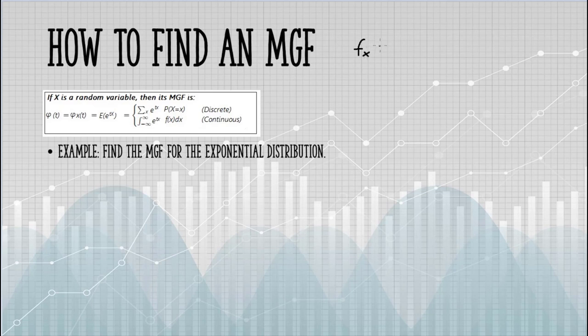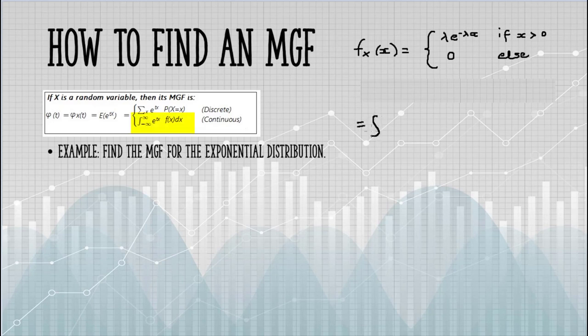Let's take a look at the MGF for the exponential distribution. We begin with the PDF for the exponential distribution. It's defined for values greater than 0, which means we're going to change the limits of integration from 0 to infinity. The first step is to plug our PDF into the formula.